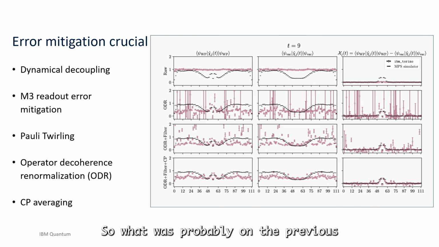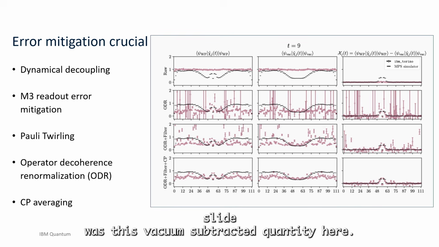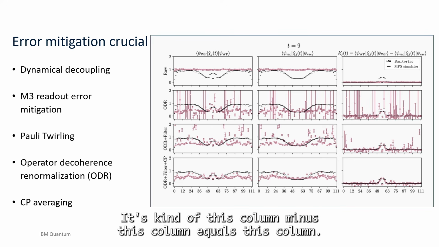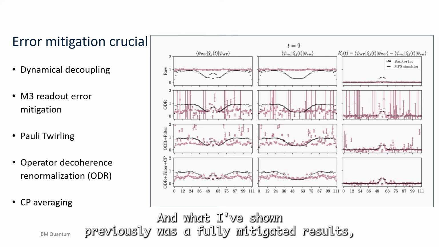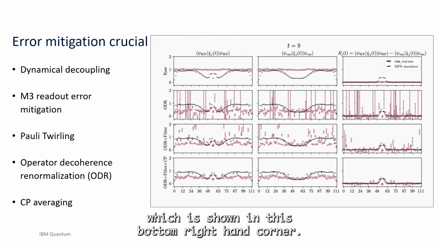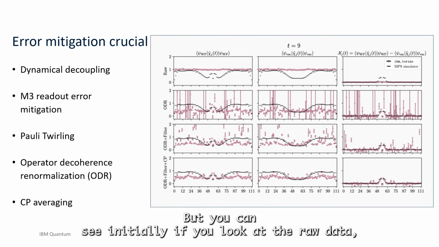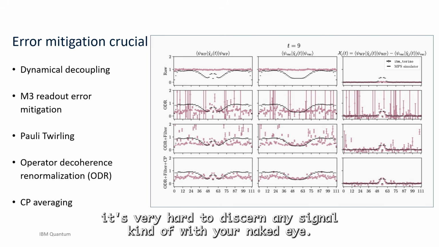So what I was plotting on the previous slide was this vacuum subtracted quantity. Here it's this column minus this column equals this column. And what I was showing previously was the fully mitigated results, which is shown in this bottom right-hand corner. But you can see initially, if you look at the raw data, it's very hard to discern any signal with your naked eye.